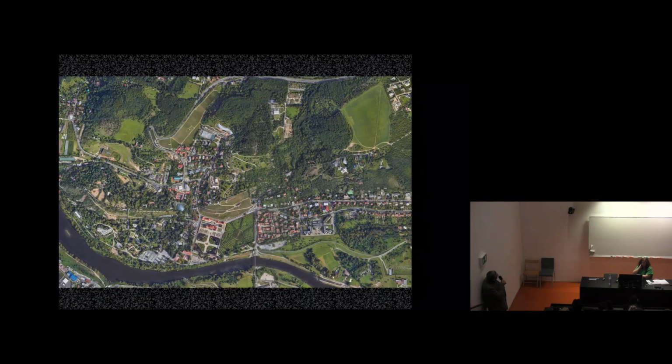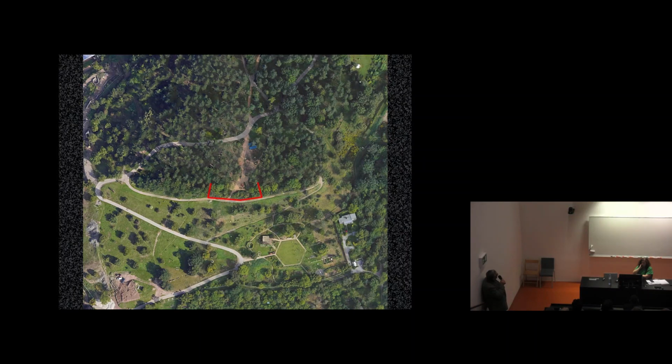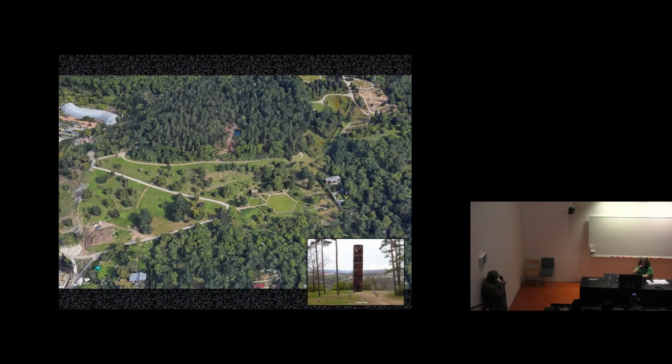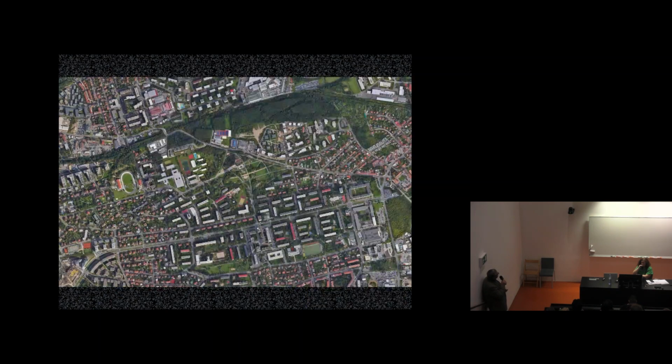Here there is a botanical garden, and we are speaking about this location with a very perfect view over Prague and with an already existing lookout tower, like a sculpture here. You may see it here. So this is one very quiet nature place.